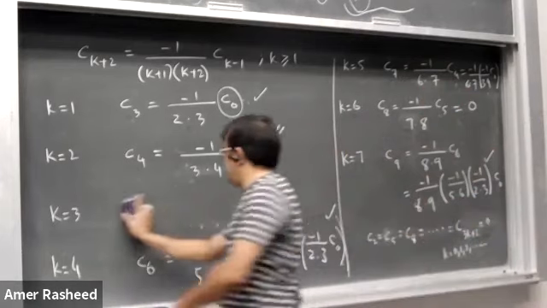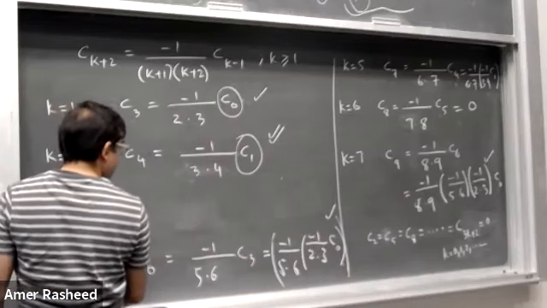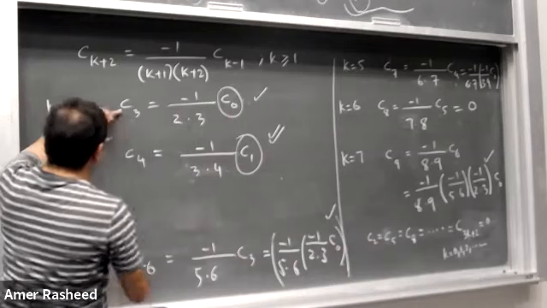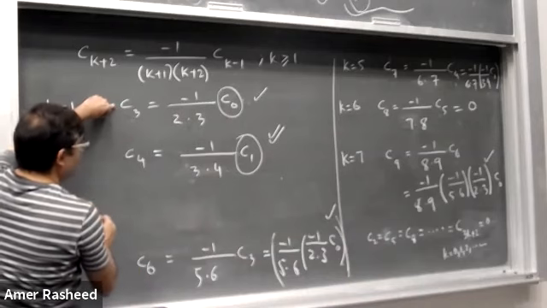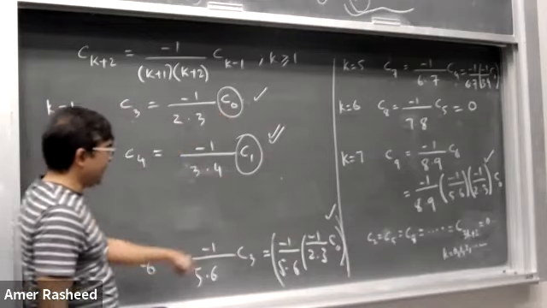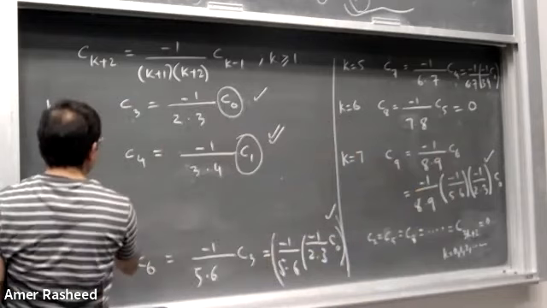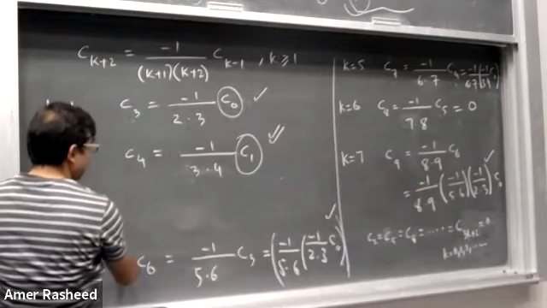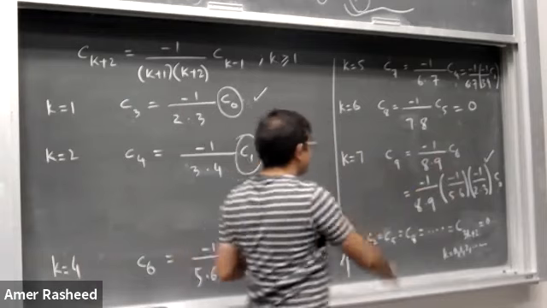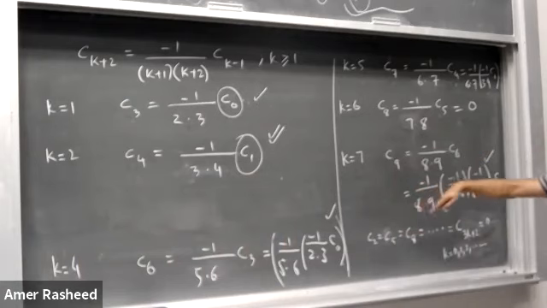We have generalized this. Let me write it over here somewhere. Okay, C3, what do you have? It has C0, C6 has C0, and C9 has C0. Now if C3 is this, C6 is this, and C9 is this, then after C9 should come C12, right? 3, 6, 9, 12.